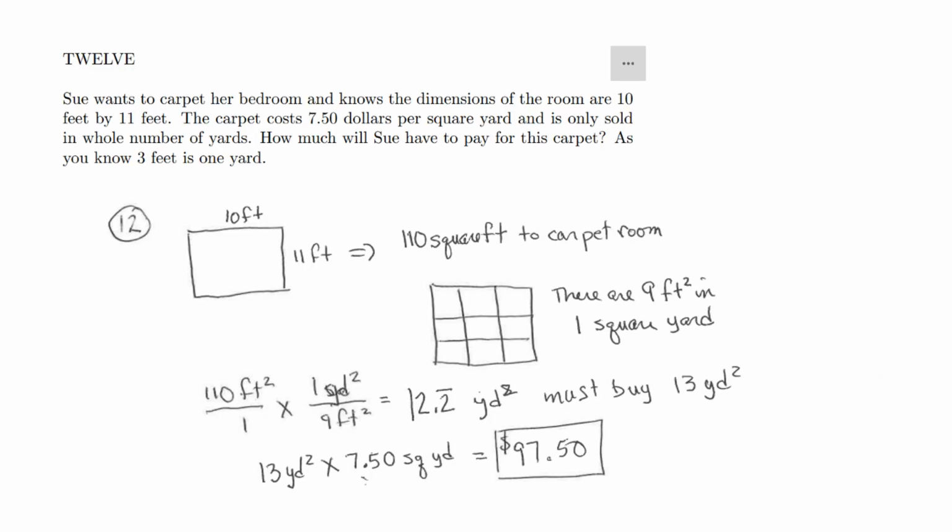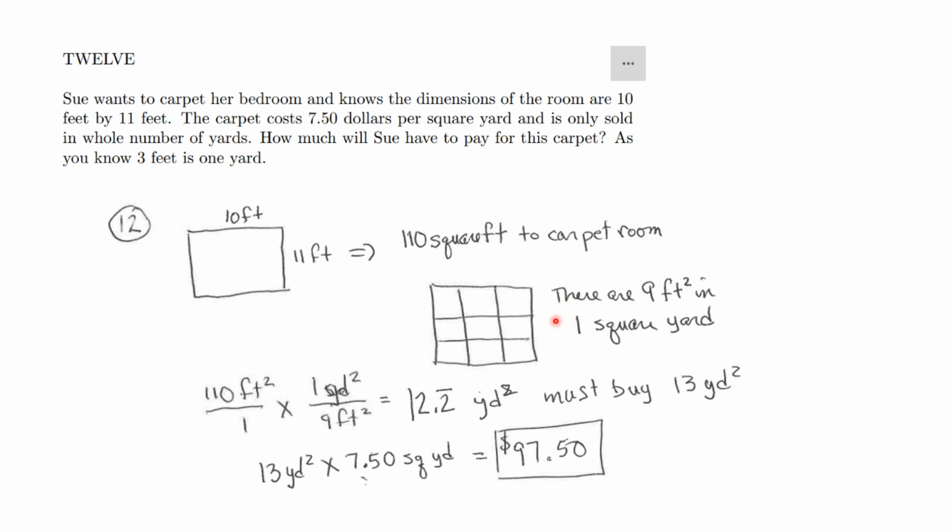Number 12, you have someone wanting to carpet her bedroom, and the dimensions of her room were 10 by 11. Now that means that 10 feet by 11 feet is 110 square feet to carpet the room. But the carpeting is being sold per square yard, and you have to buy a whole number of yards.